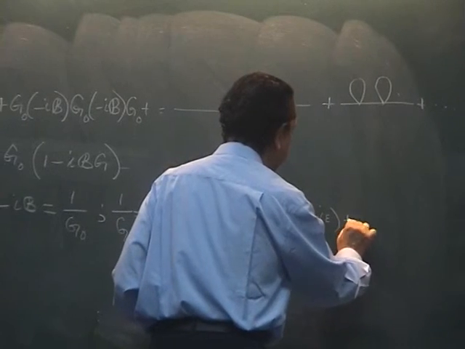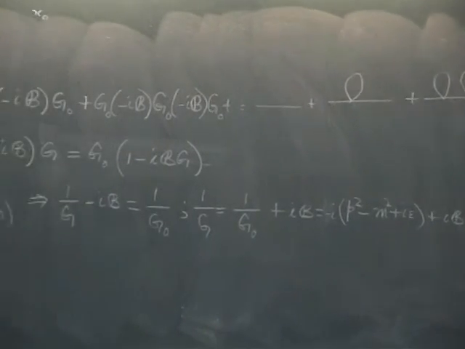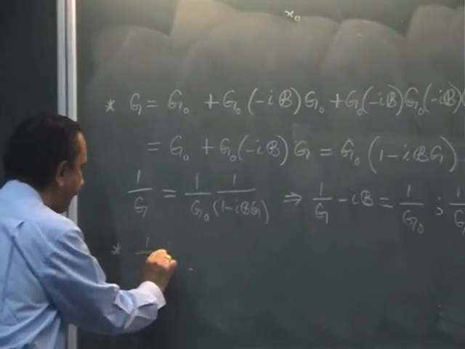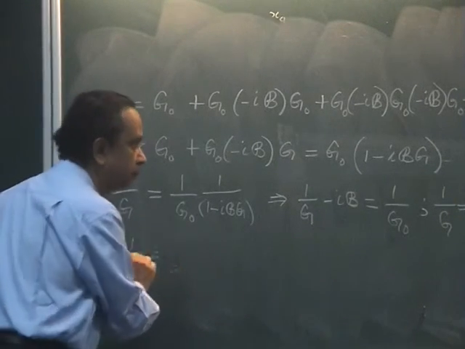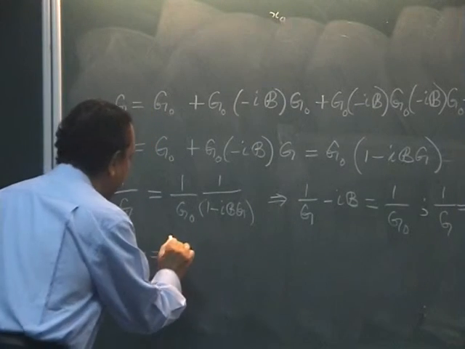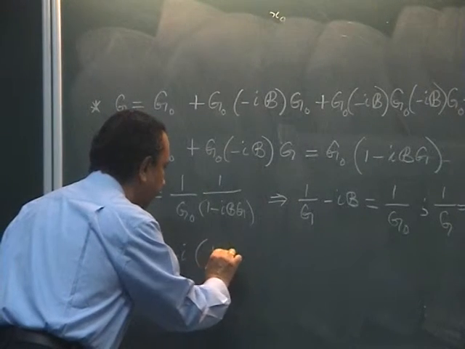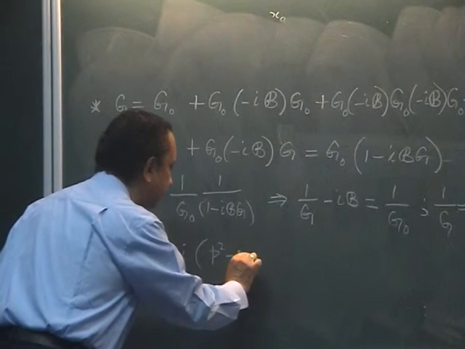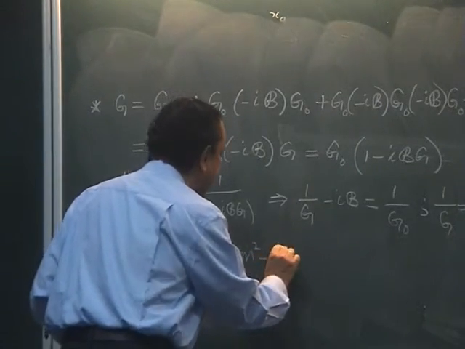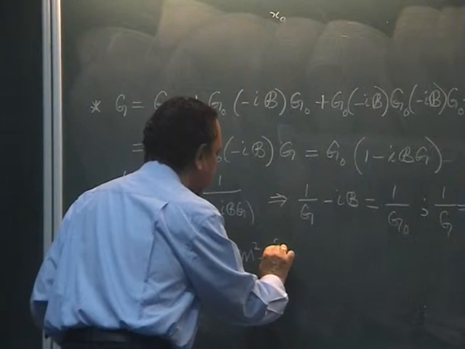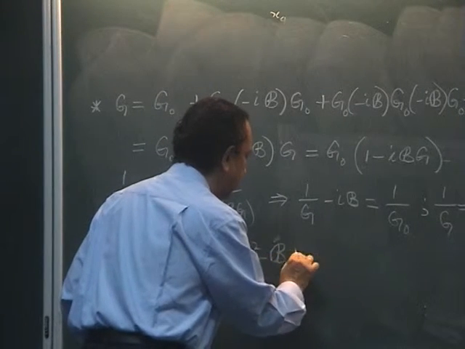Then I have plus i times B. Therefore 1 by G is, taking a minus i out, p squared minus m squared minus B plus i epsilon.